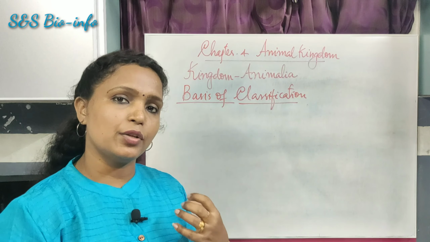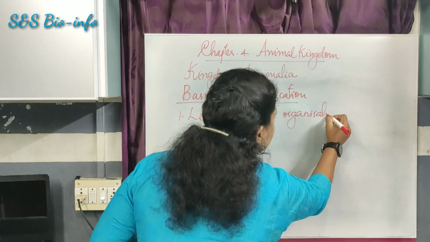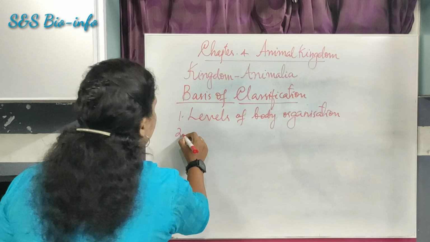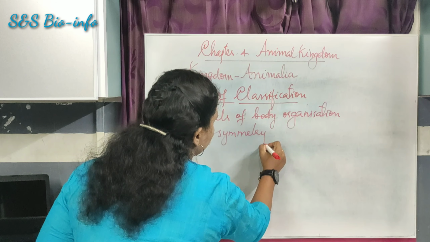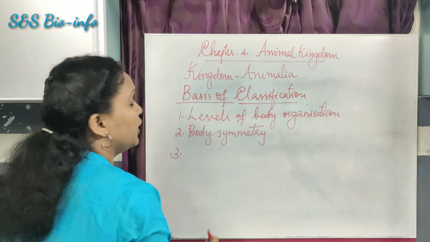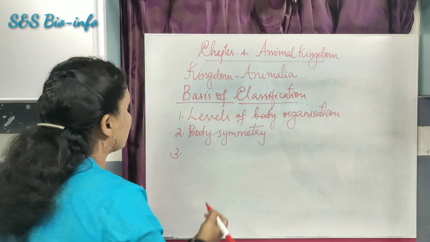Those are: number 1, levels of body organization. Next, body symmetry. Then, presence of or the type of germ layers or embryonic layers.